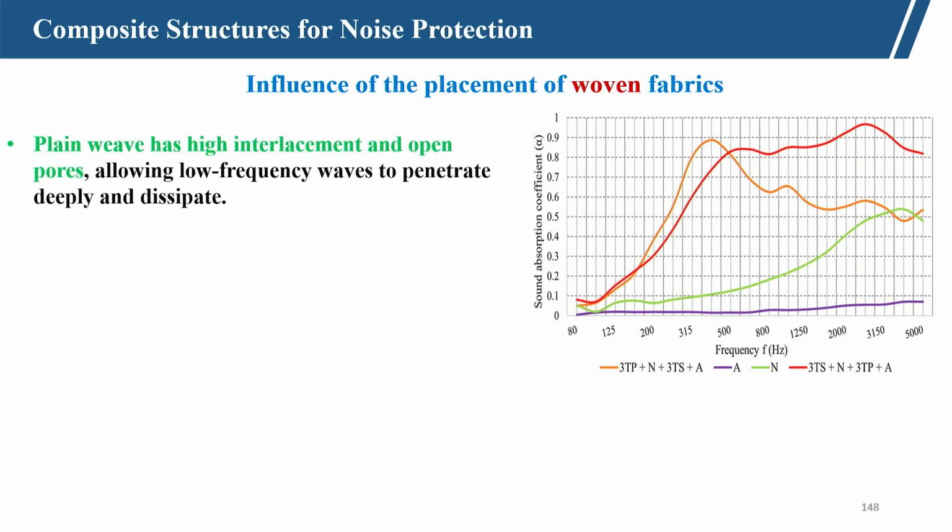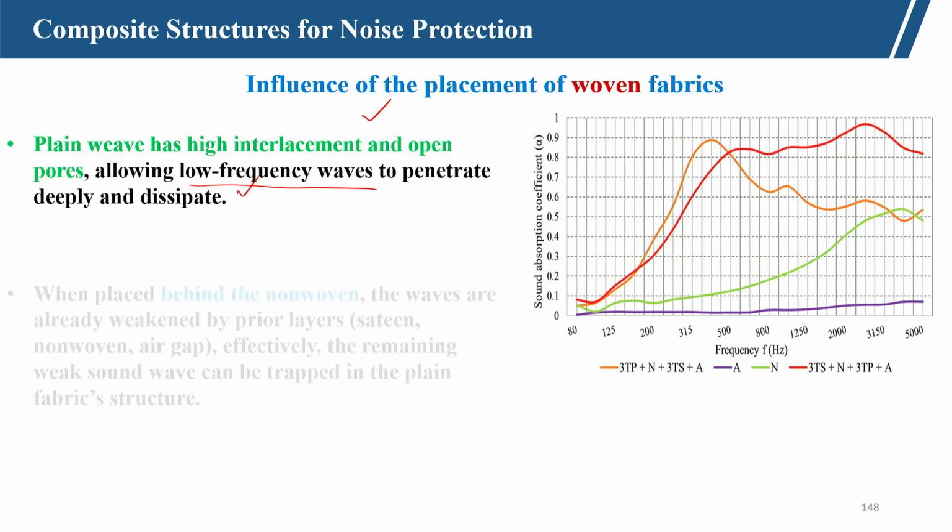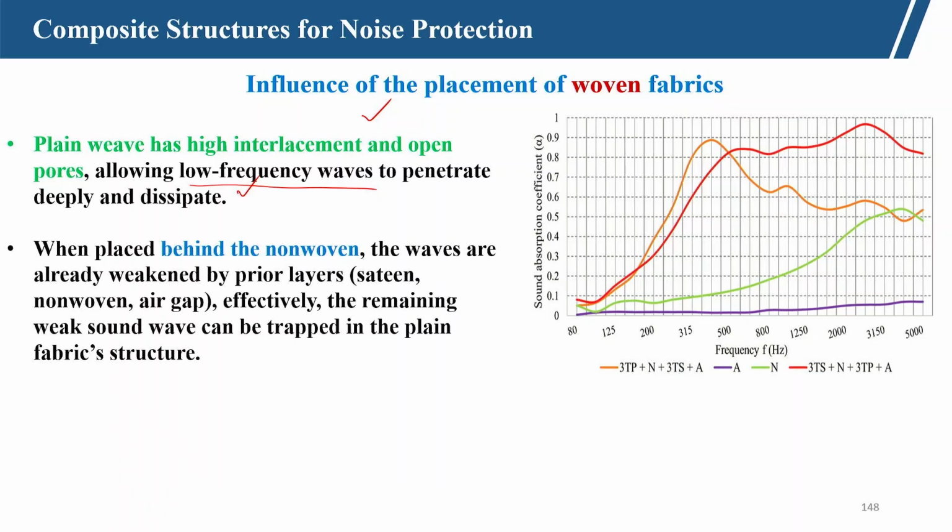The plain weave has high interlacement and open pores, which allow the low frequency wave to penetrate deeply and dissipate. That is why the low frequency wave penetrates. So, when you place the plain weave behind the non-woven, the waves are already weakened by prior layers like satin, non-woven and air gap.